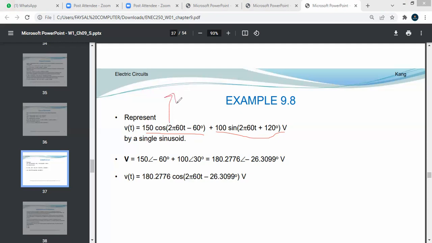For the first, the A value equals 150 and my phase shift theta equals minus 60. For the second, my A value equals 100 and my theta value equals 120.